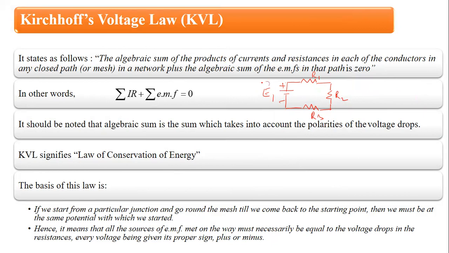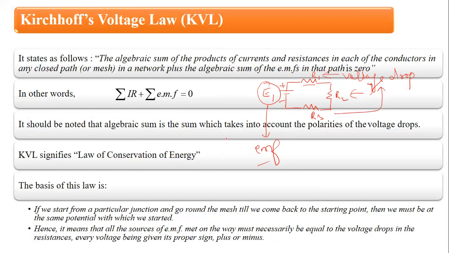So this has an EMF, and this is your resistance, which will have a certain voltage drop across it. This will also have a voltage drop, and this will also have a voltage drop.